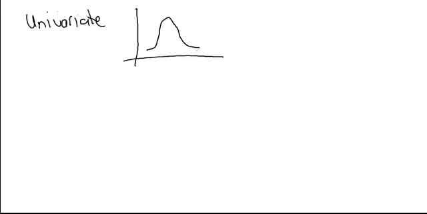So when we're looking at univariate, we typically would like to plot a frequency diagram. And since heights are normally distributed, we probably end up with something like this, if we had a very large sample.